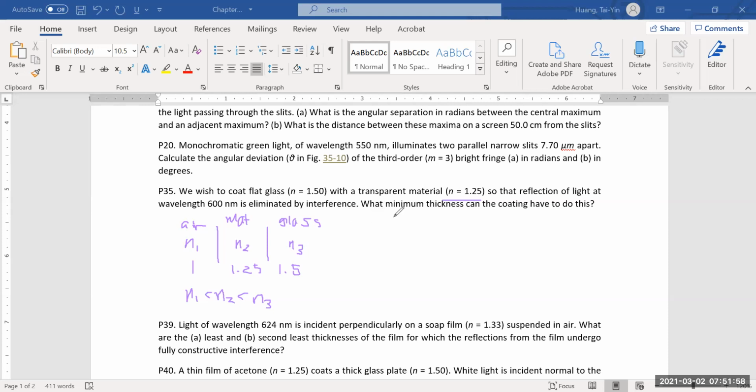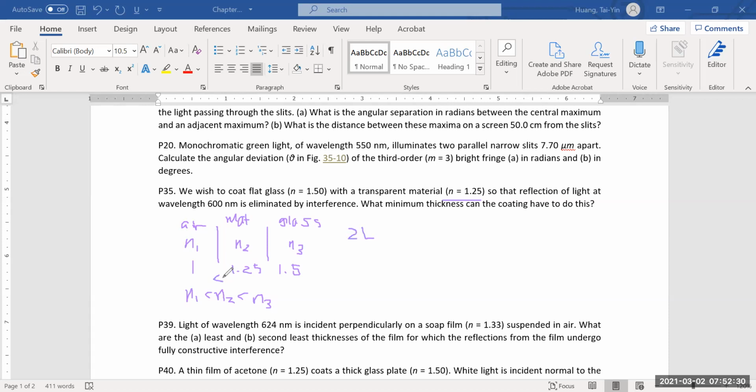The problem says you want to find the thickness of the coating so that the wavelength of 600 nanometers is eliminated. In other words, you want the equation for darkness, because you want to eliminate that wavelength. So if n1 is less than n2 less than n3, the equation to find the minimum, or darkness, will be this one: 2 times the thickness.